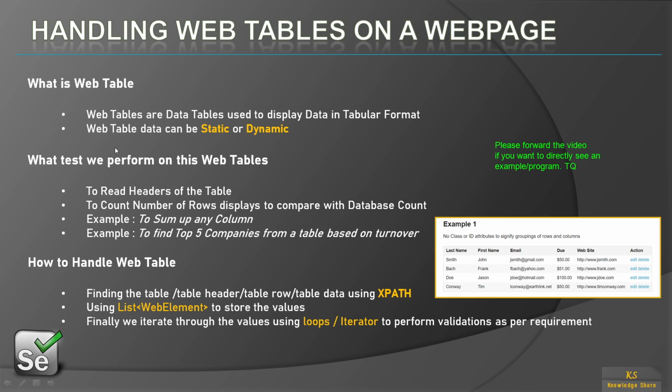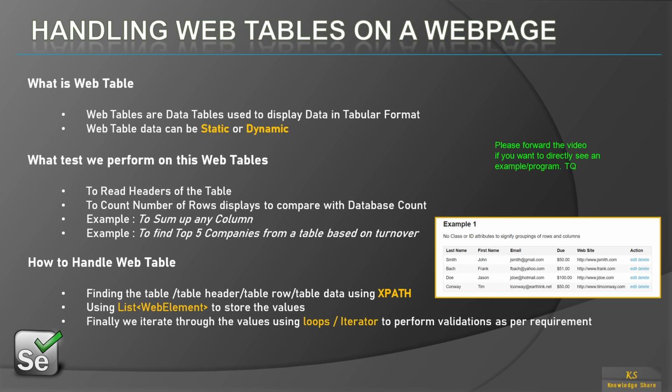So coming to what we test on web tables in real time, what actions you perform on these web tables. You read headers of the table, you want to test that all the headers are as per the requirement. Also, for example, if you want to get the number of rows on that particular web table and compare it with the database count, then you will use these web tables.